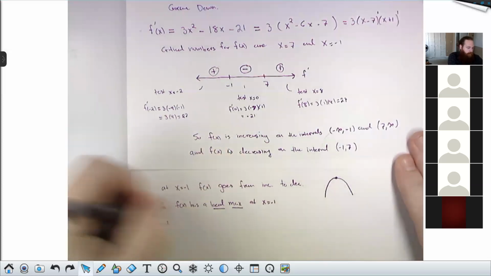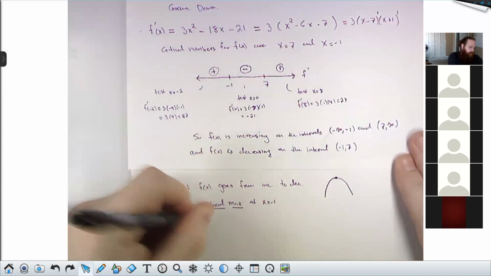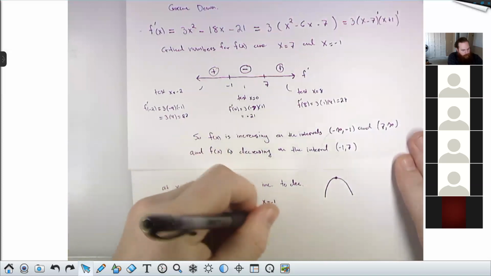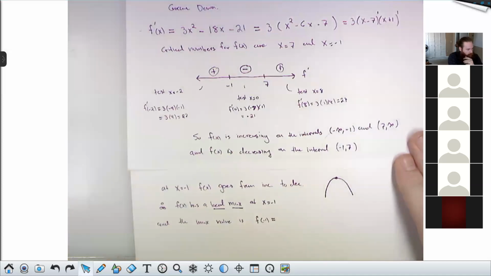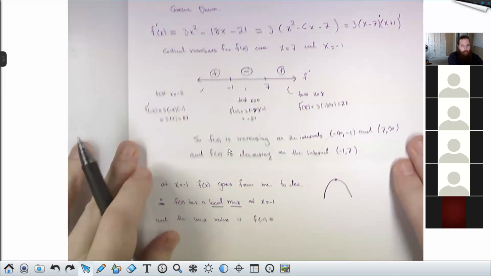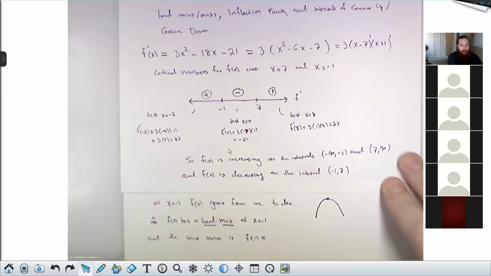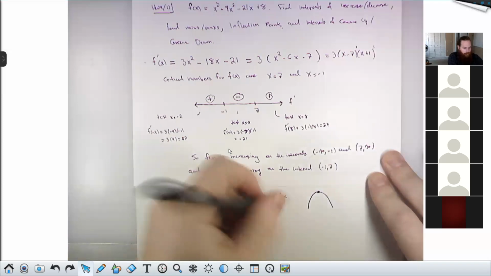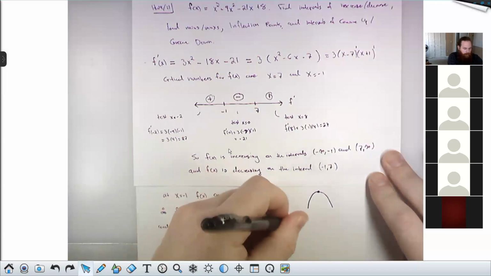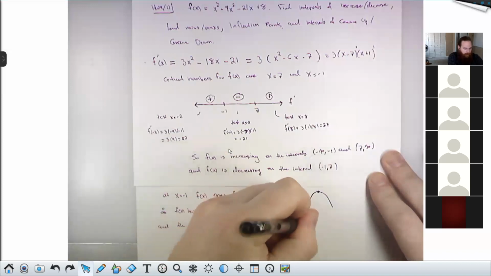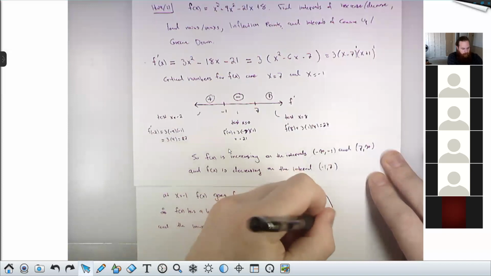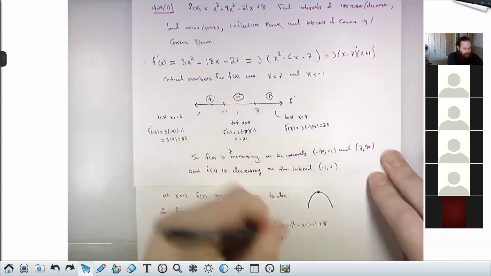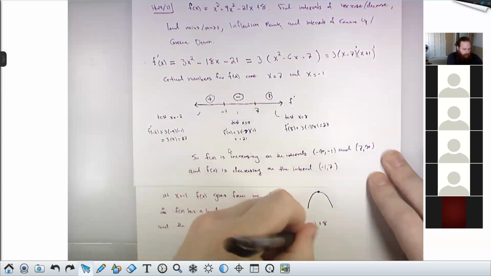And the max value is f of -1, which we find by plugging -1 into the original. So that would be -1 cubed minus 9 times -1 squared minus 21 times -1 plus 8, which is -1 minus 9 plus 21 plus 8.